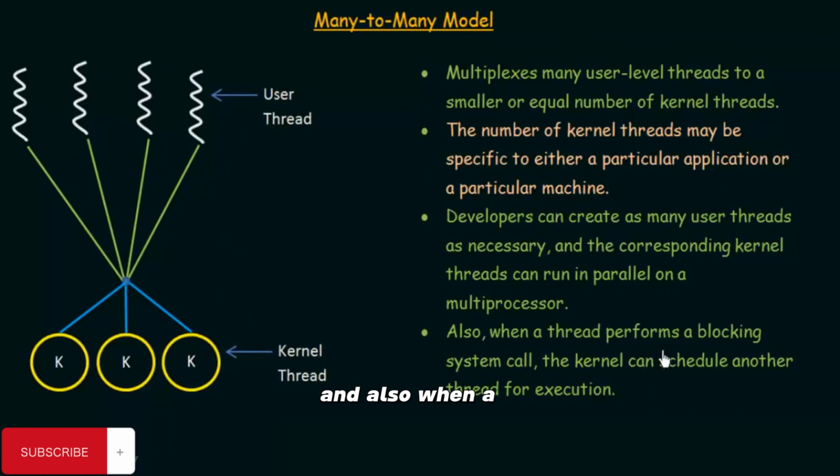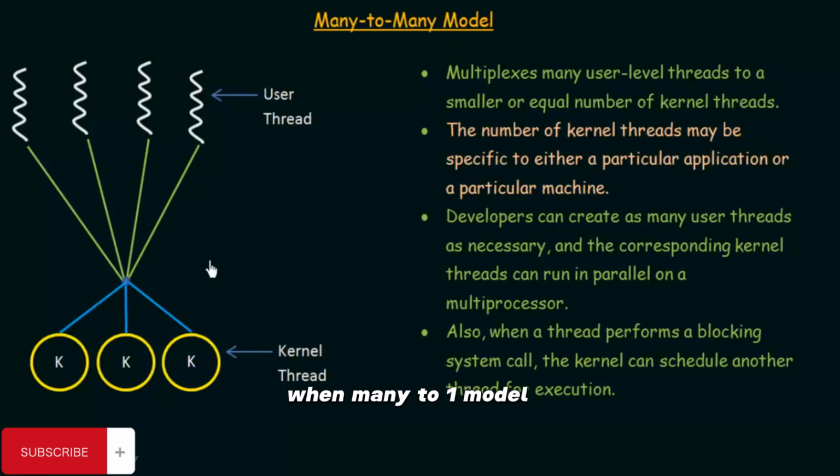Also, when a thread performs a blocking system call, the kernel can schedule another thread for execution. Here we see that when our user thread performs a blocking system call, the entire process will not be blocked. The remaining threads can be scheduled for execution when one user thread performs a blocking system call. So these were the limitations that we had in the many-to-one model and the one-to-one model.